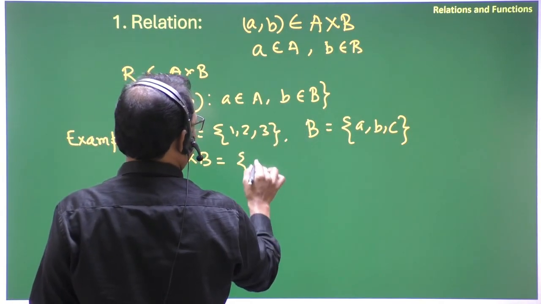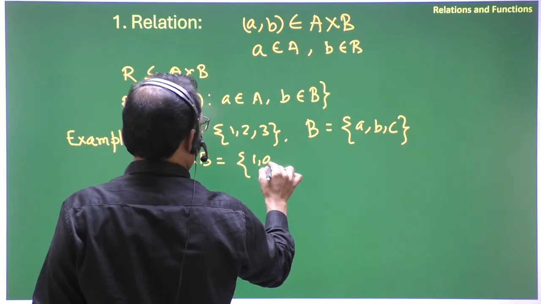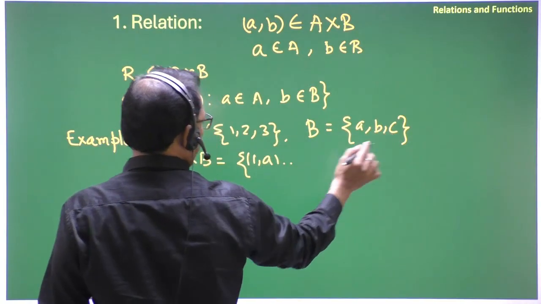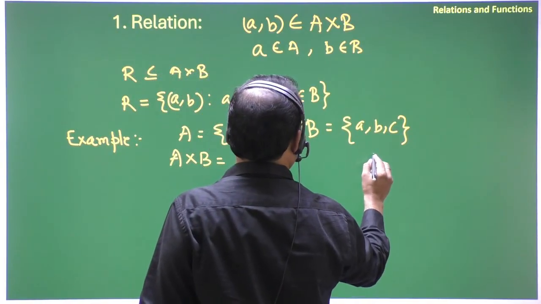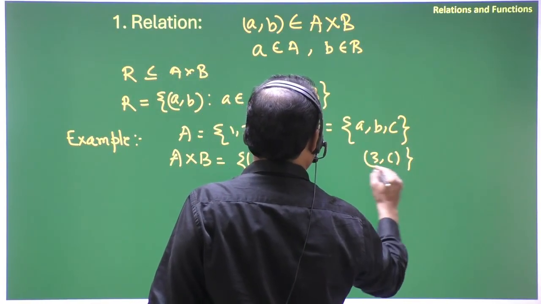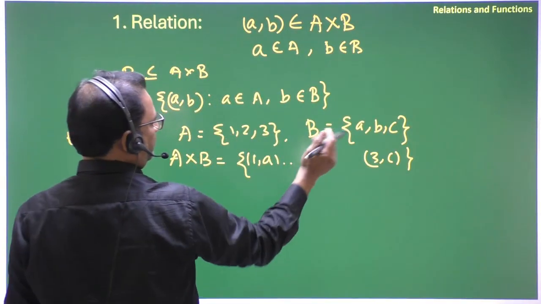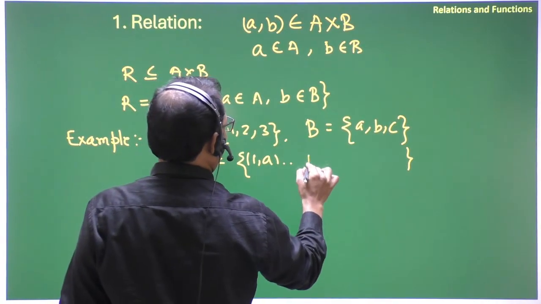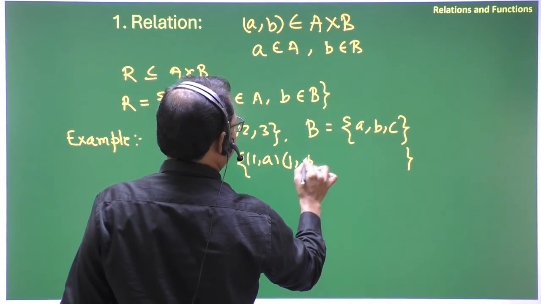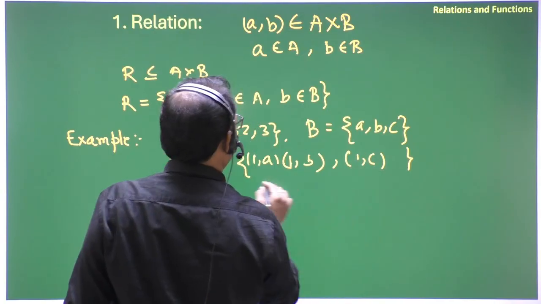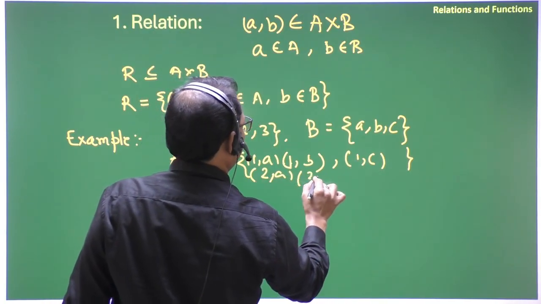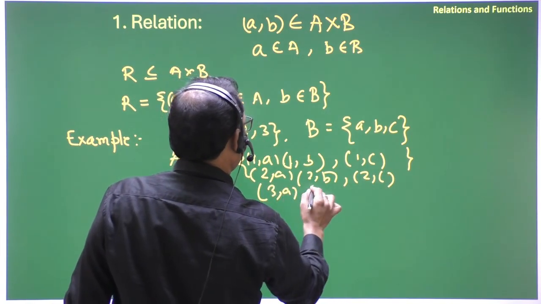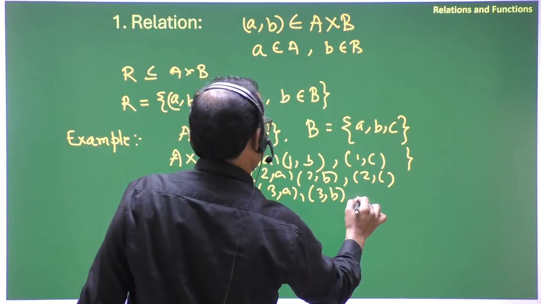These elements will be 1 comma a, 1 comma b, 1 comma c, then 2 comma a, 2 comma b, 2 comma c, then 3 comma a, 3 comma b and 3 comma c.